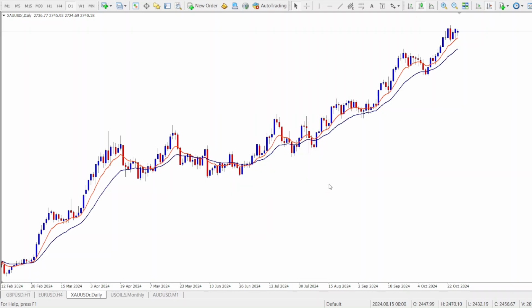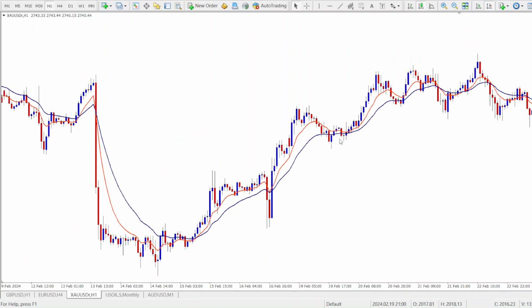Now how does this strategy work? The 9-day EMA is the short-term EMA, while the 20-day EMA is the medium term EMA. So we have the 9 EMA as our short term and the 20 EMA as our long term.